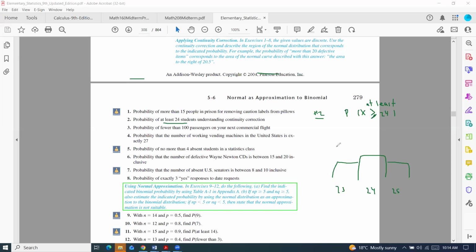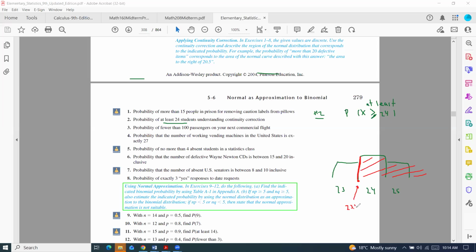Equal to 24 is possible, which means I can include this rectangle, as well as greater, meaning keep going to the right. I don't care how far to the right, I care what the cutoff is supposed to be, and it is 23 and a half.